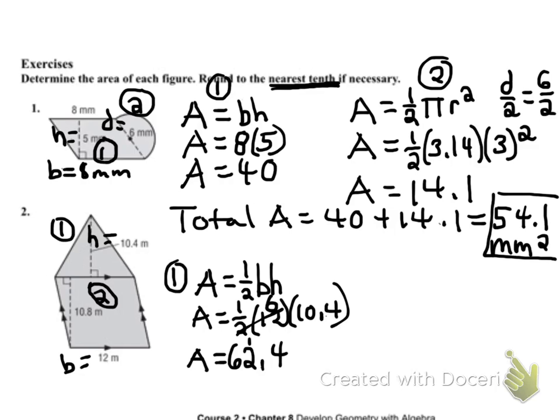Okay, so now let's get the area of our parallelogram. The area of a parallelogram is area equals base times height. We've already found the B to be 12, so we'll just use that again. The height of our parallelogram is 10.8.